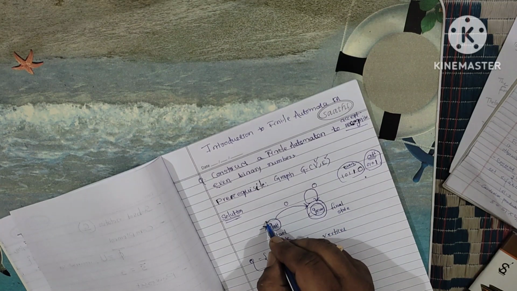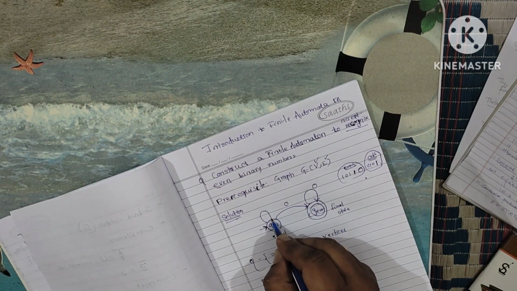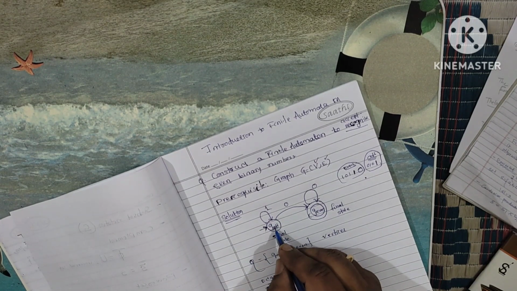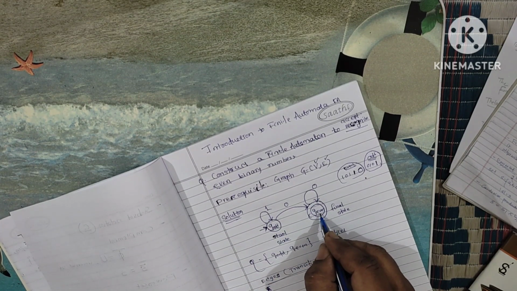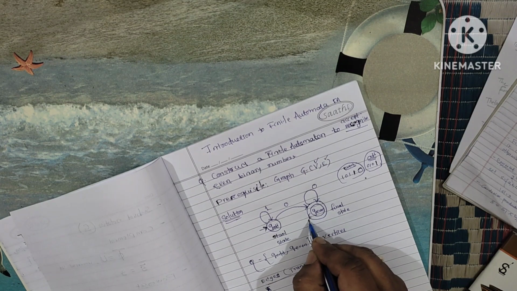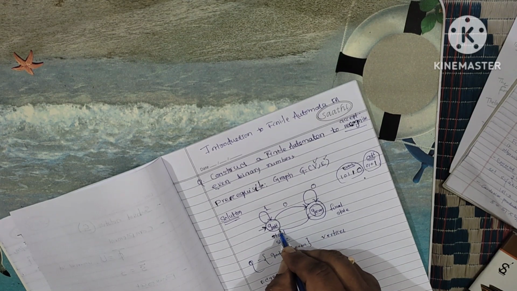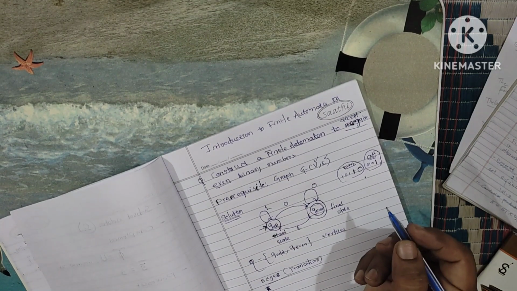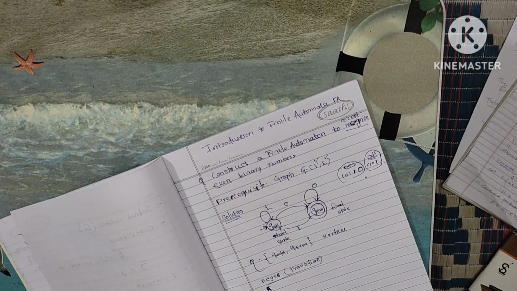If you are in q odd and any number of 1s is coming, you should stay in the same state. If you are in the even state and you get 1, because it is odd, you should go back to the q odd state. This is the edges set here.